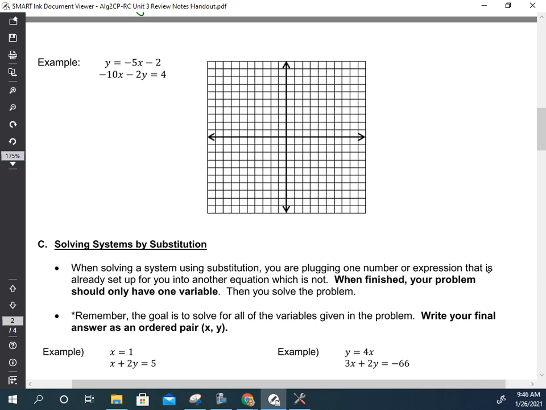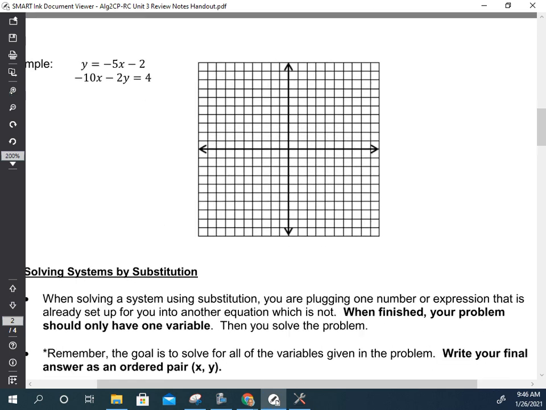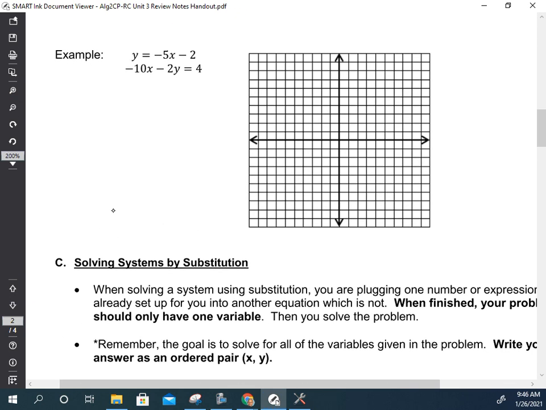All right, example 3. Example 3 is no different than example 2. We had one that was set up and one that wasn't.